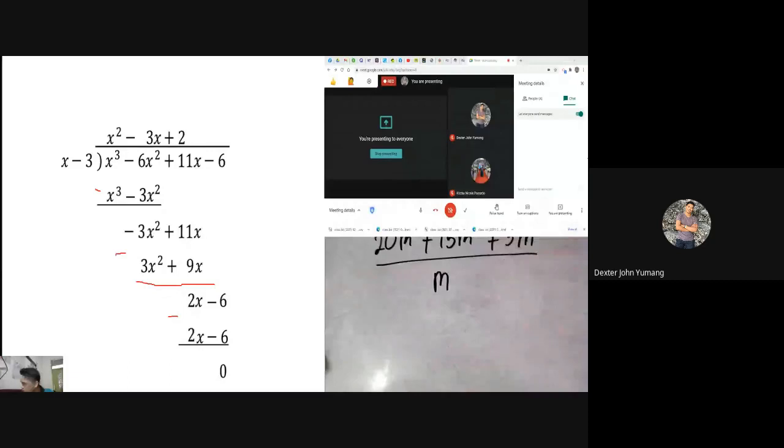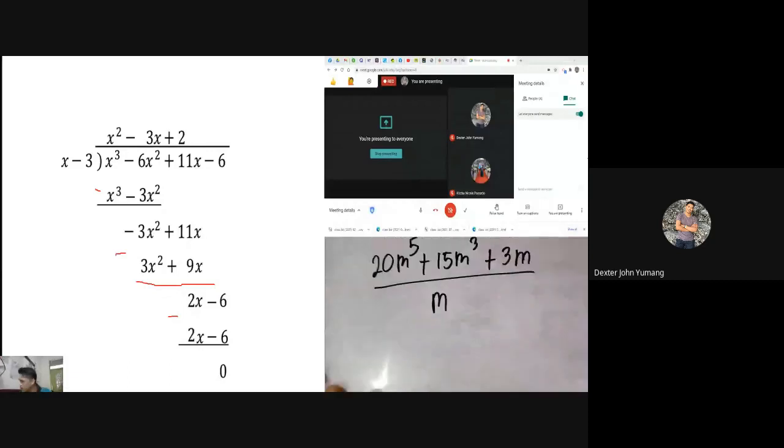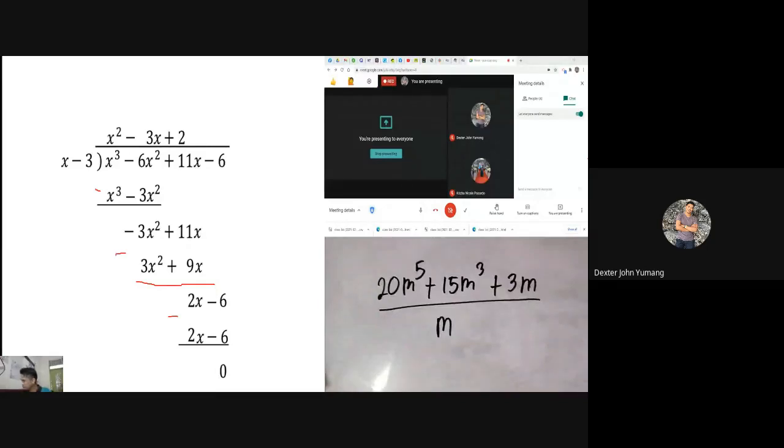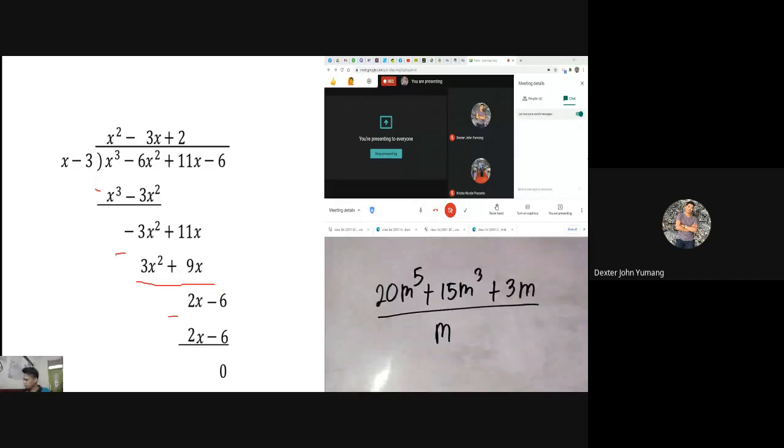Okay, please answer this one. Ito yung first part ha, yung part A. Kasi itong solving na may division, part B na to siya. Sige daw, you try this.